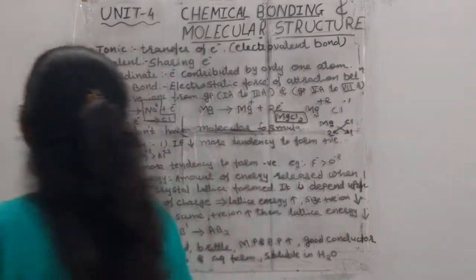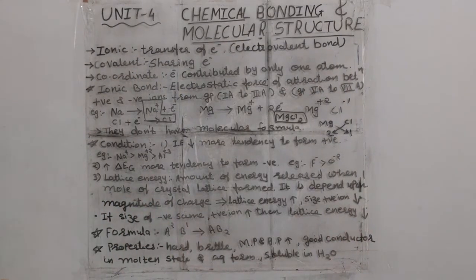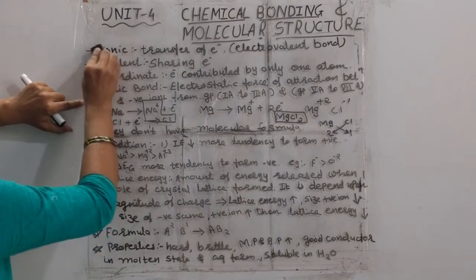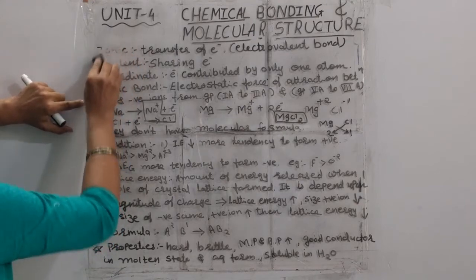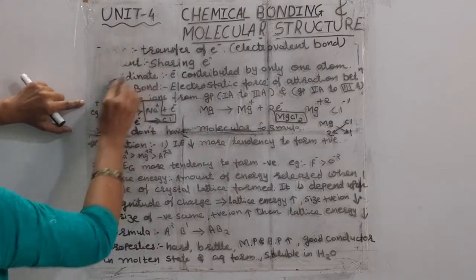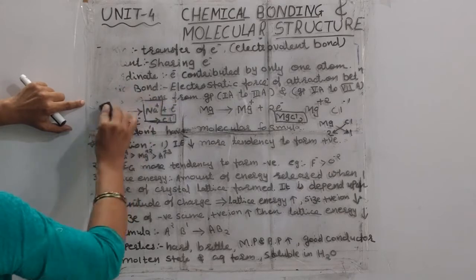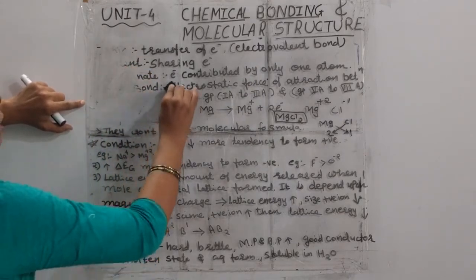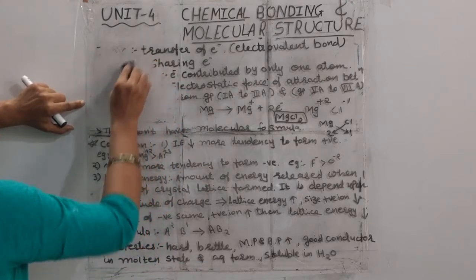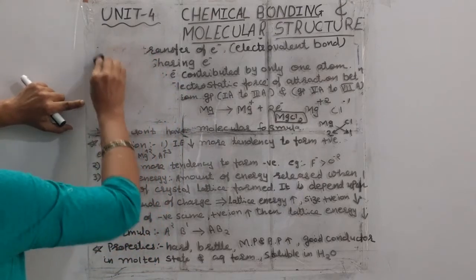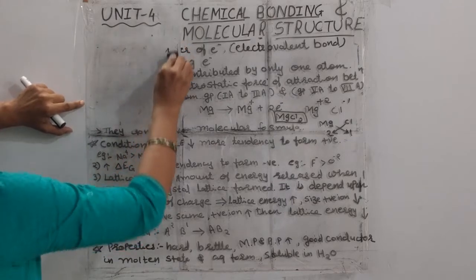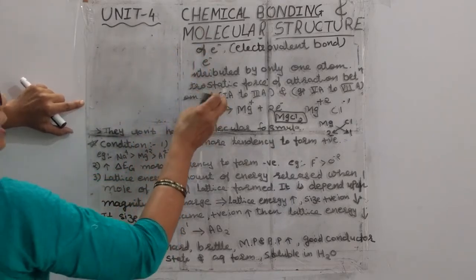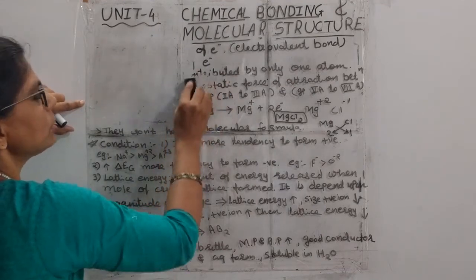So we'll start the conditions required for the formation of an ionic bond. As I said, if sodium wants to give the electron, but sodium tries to give the electron to magnesium, can magnesium accept the electron, students?